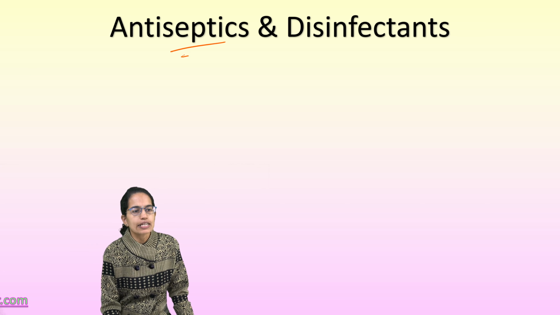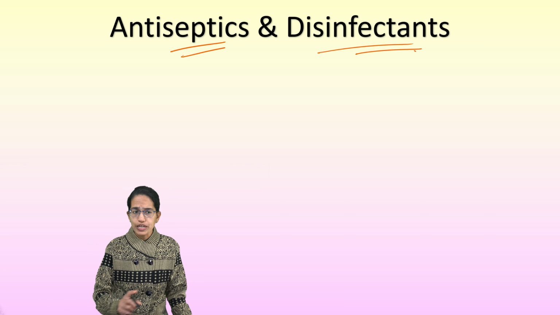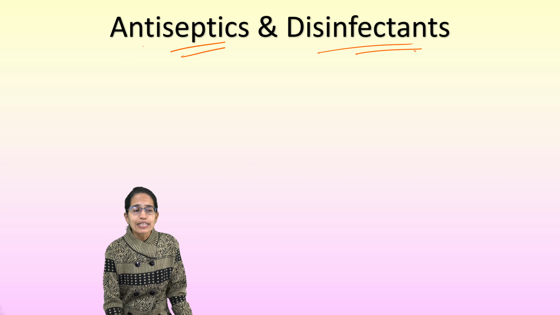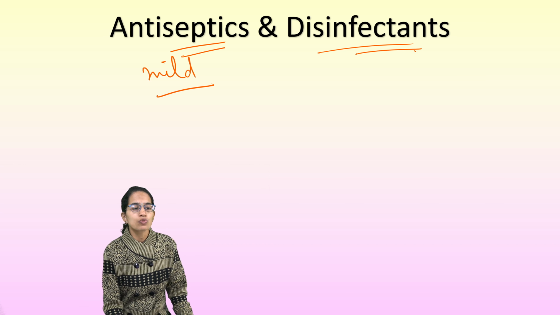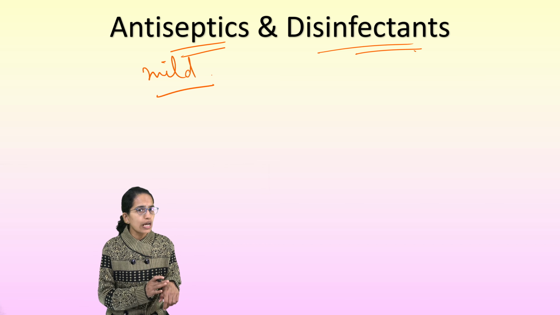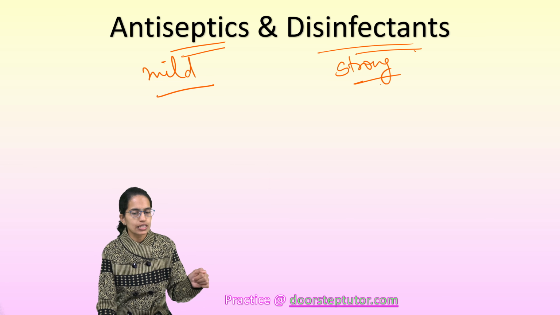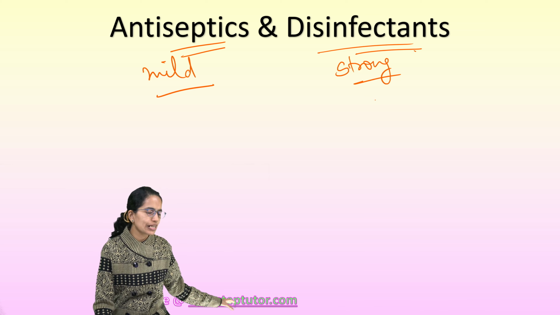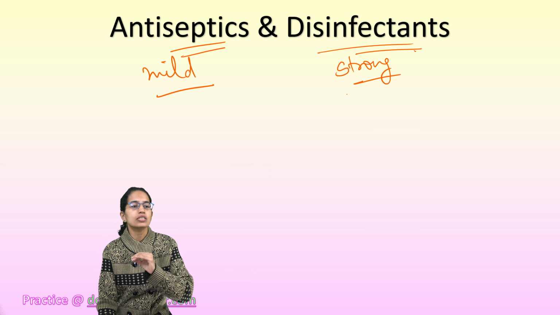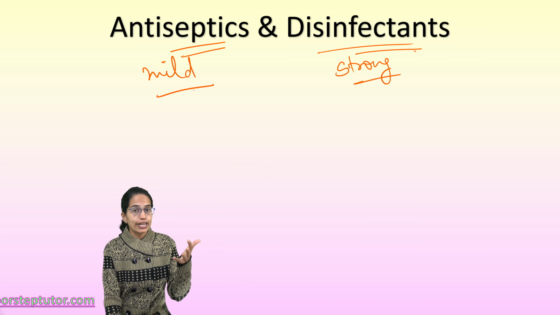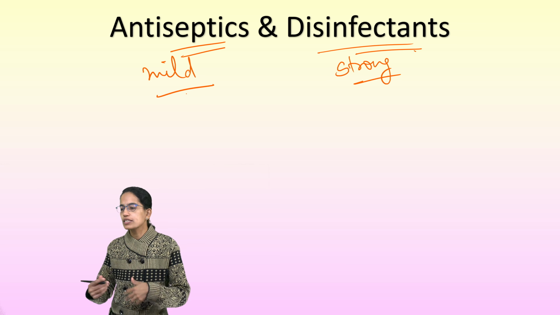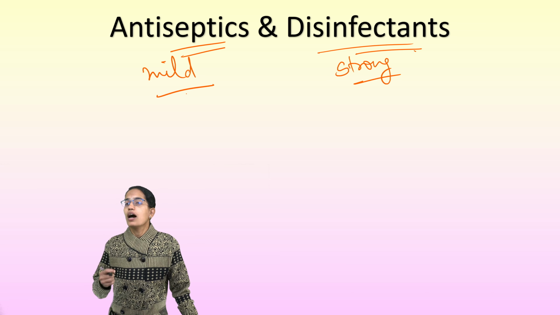The next is antiseptics and disinfectants. Very important, the difference between those. Antiseptics are mild. They are used for wounds and injuries. They don't harm an individual. Disinfectants are strong. They harm the skin. They are used for household cleaning, hospitals, kitchens. Savlon and Dettol are brand names of antiseptics, but what is the composition is important.